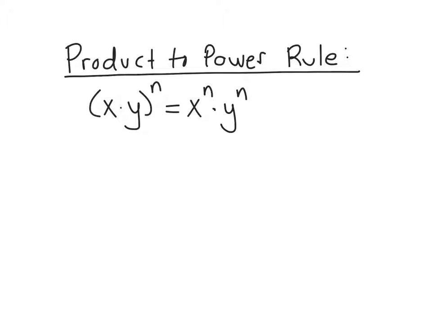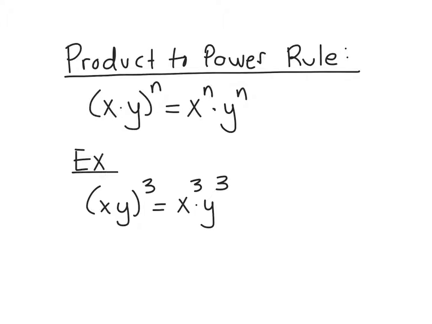So you have a product raised to the power, you can individually raise each factor to that same power. So as an example, if you had xy cubed, you would say x cubed multiplied by y cubed. So product to power rule.